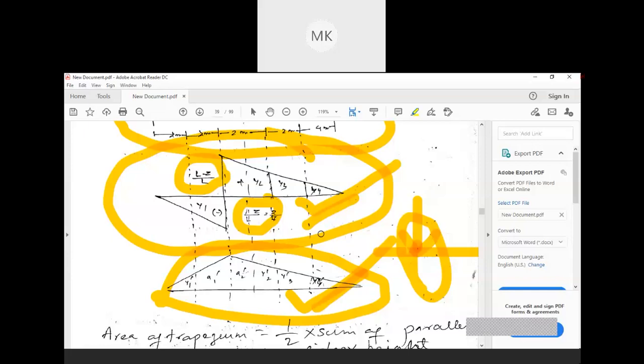But if there is UDL given, you need to check in which portion the UDL is given. Okay. So for that portion, you need to consider that whole area. So for that, again, you need to find out the area. Okay. So for finding out that area, you have to check how the structure will look.